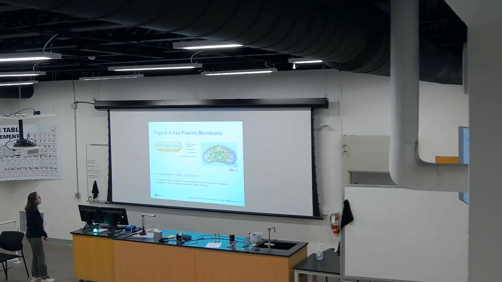And then here is a figure showing you this plasma membrane in a transmission electron micrograph. In this case, we have this plasma membrane shown in blue color, and then you see the peptidoglycan in red color, and then you see a second membrane outside of this peptidoglycan.